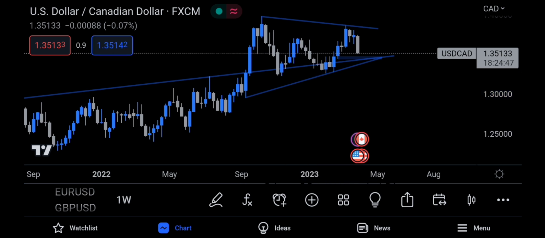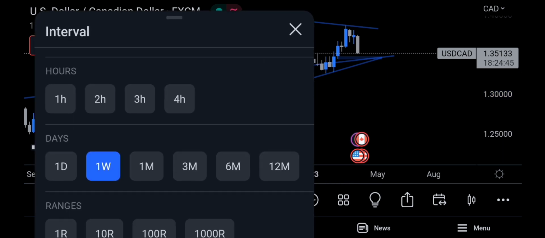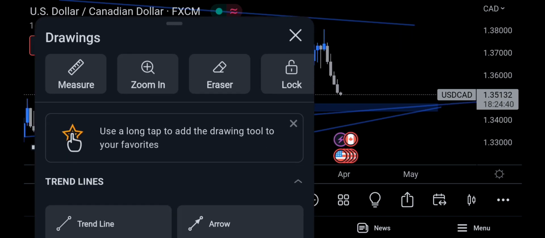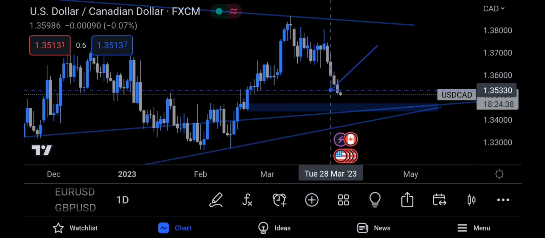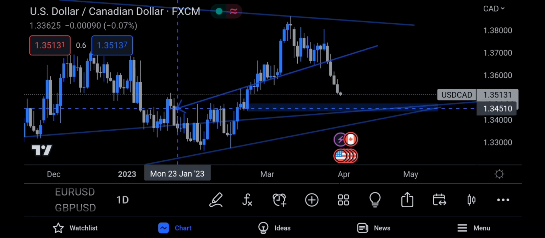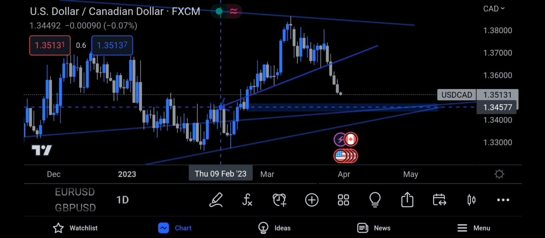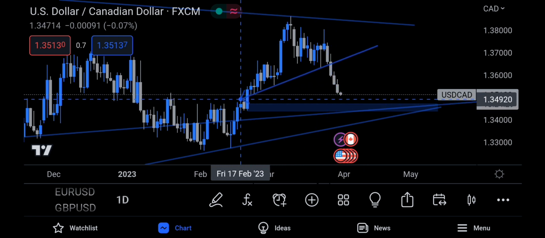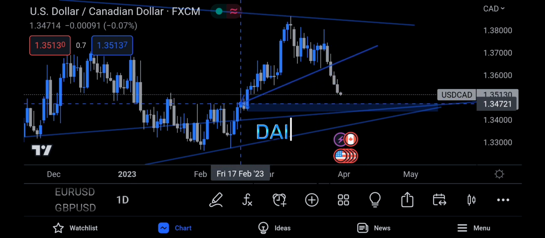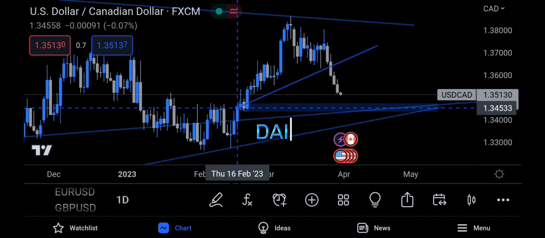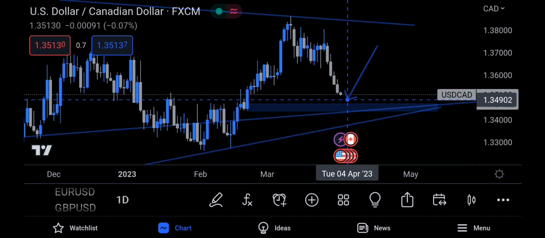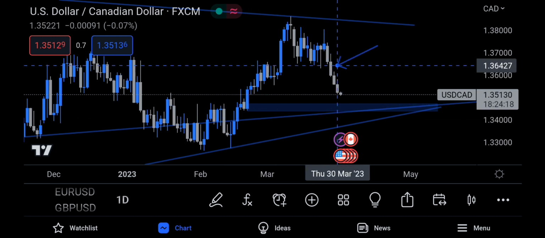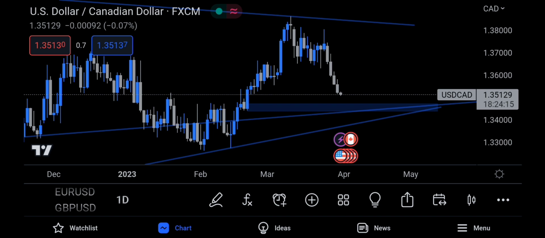So in the weekly time frame, this is what we are seeing. Now if we go to the daily time frame, price is more interesting, because remember I said here is a weekly level of resistance, which will now be acting as a support for us. We have a daily demand around here, so there is a possibility of price tapping into this demand, then we'll continue heading to the upside.